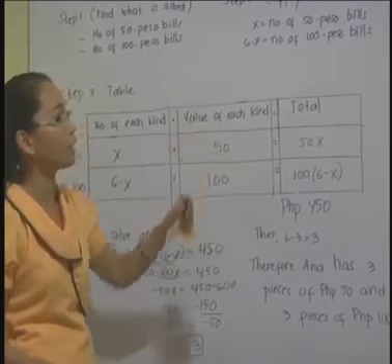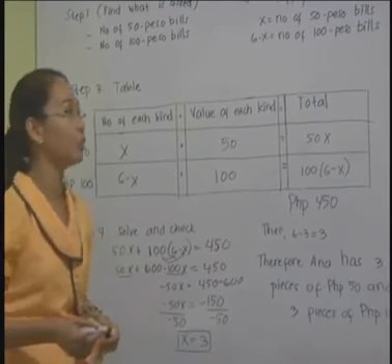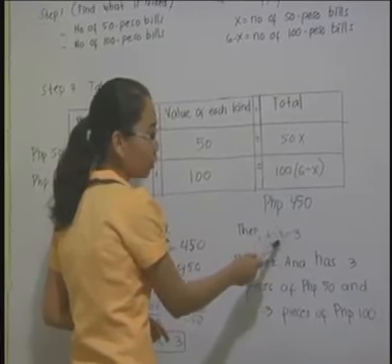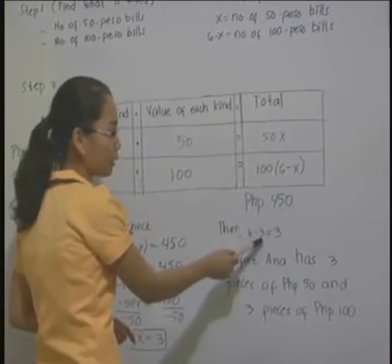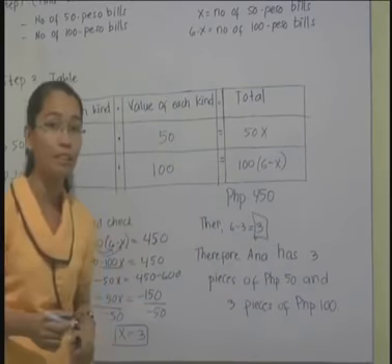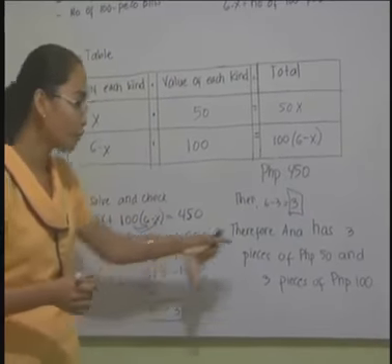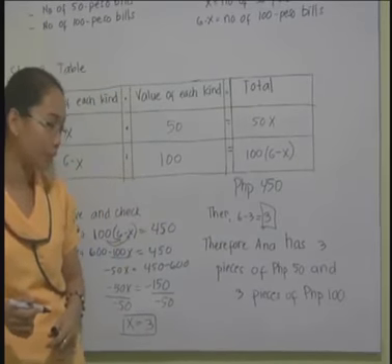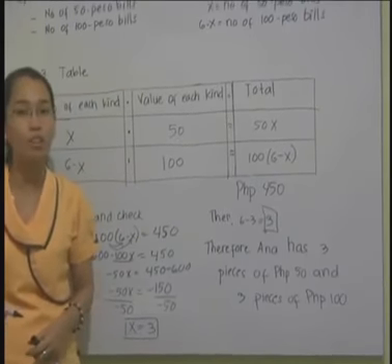Then, to get the number of 100 peso bills, we subtract from 6 the number of 50 peso bills: 6 minus 3. Now we have the number of 100 peso bills, and that is 3 also. Therefore, Anna has 3 pieces of 50 peso bills and 3 pieces of 100 peso bills.